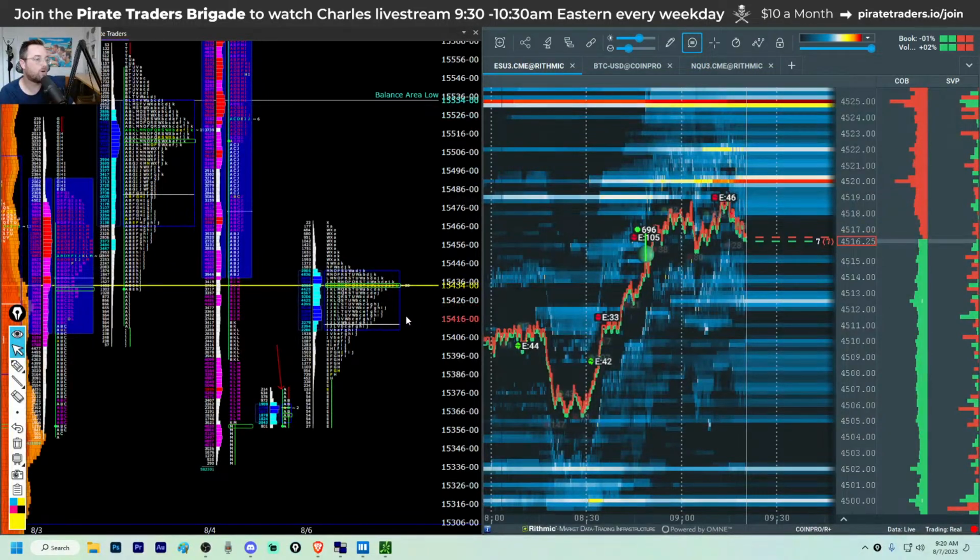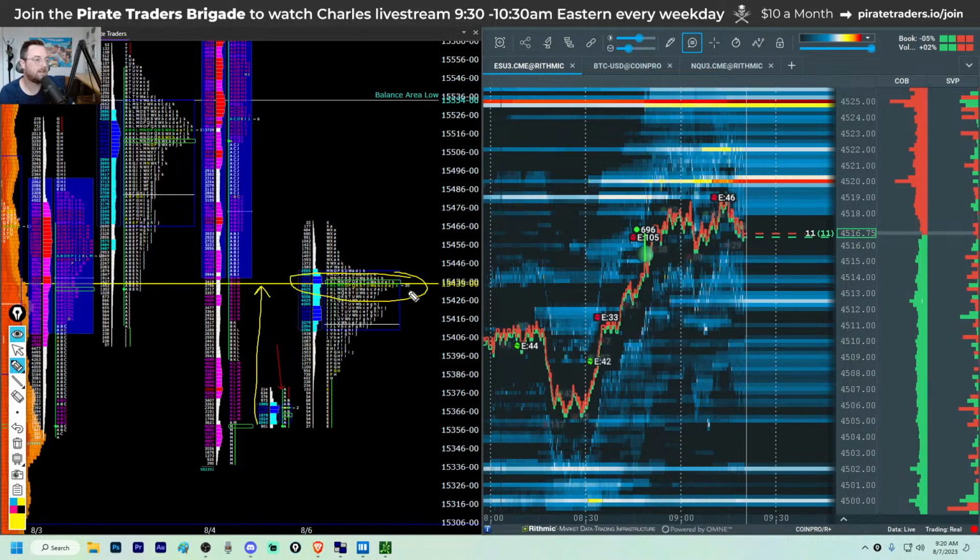For what it's worth, this node that we're sitting in right now at 15,430 is very strong resistance. With the overnight inventory being net long, the highest probability is the first move will be to the downside. If they're able to keep it going right from the open, they'll almost certainly test that overnight high.